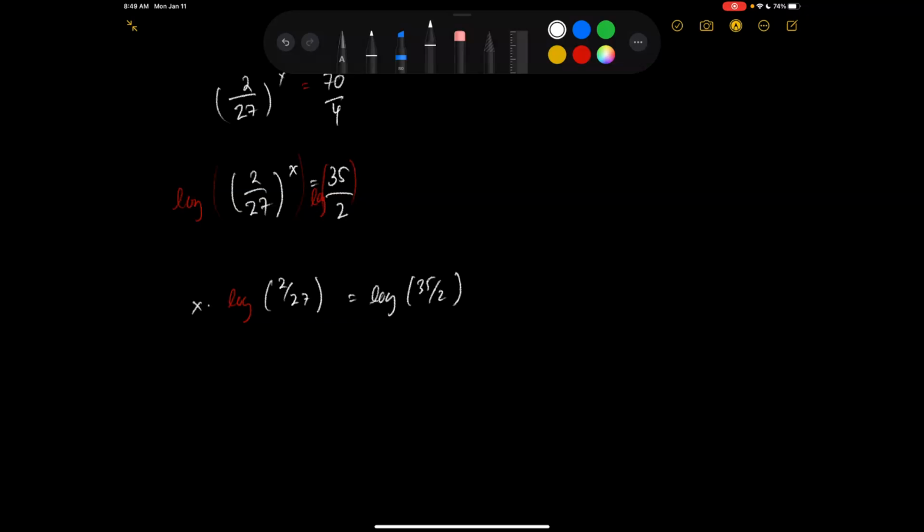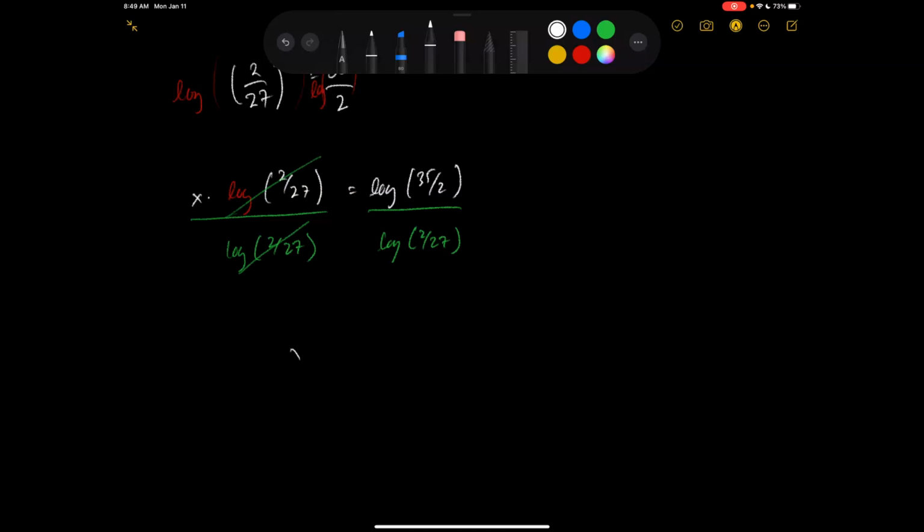We'll divide both sides by this quantity here, log 2 over 27. These guys cancel, and you're left with x equals log 35 over 2 over log 2 over 27.